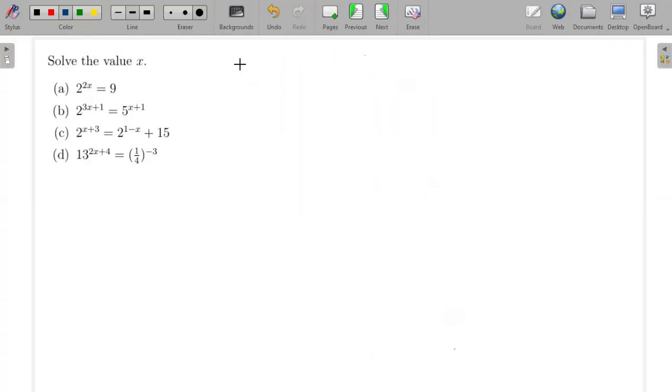So we have 2 to the power of x plus 3 is equal to 2 to the power 1 minus x, and then plus 15 there. So how are we going to do this one here? So notice that you have this factor, which is 15 there. You're adding the 15 there.